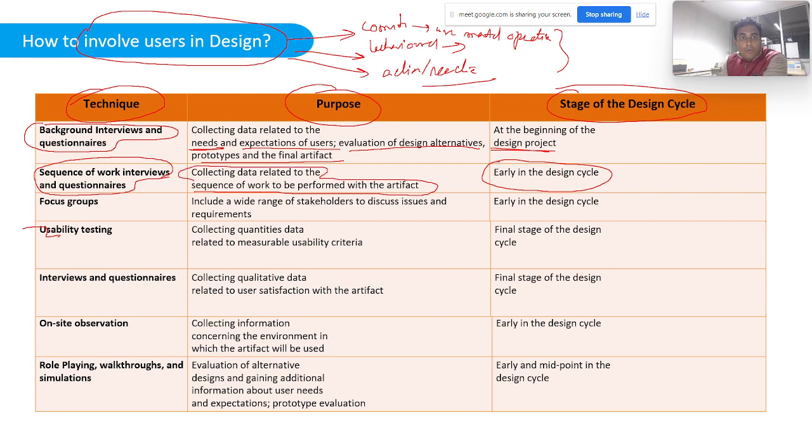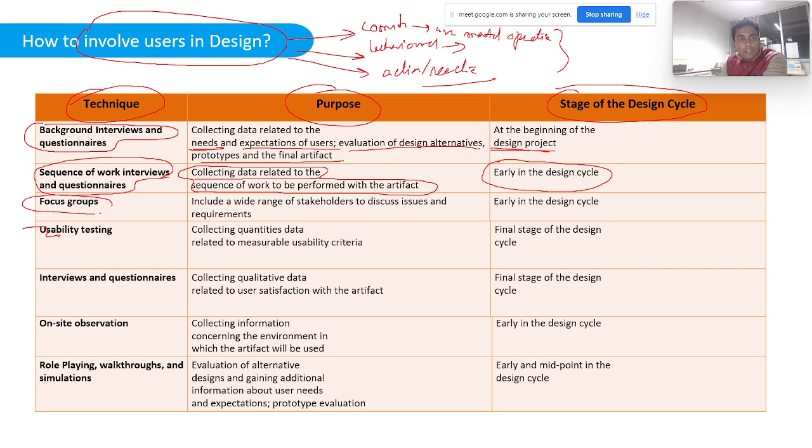That means if you want to understand the daily activities or workflow of a person, you probably need to interview him throughout the day while he is moving through his various work activities. This kind of interviewing is called sequence of work interviews.